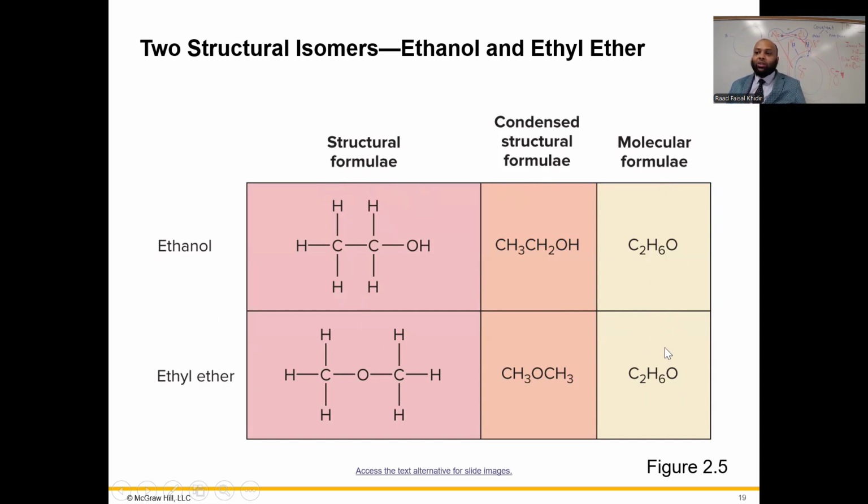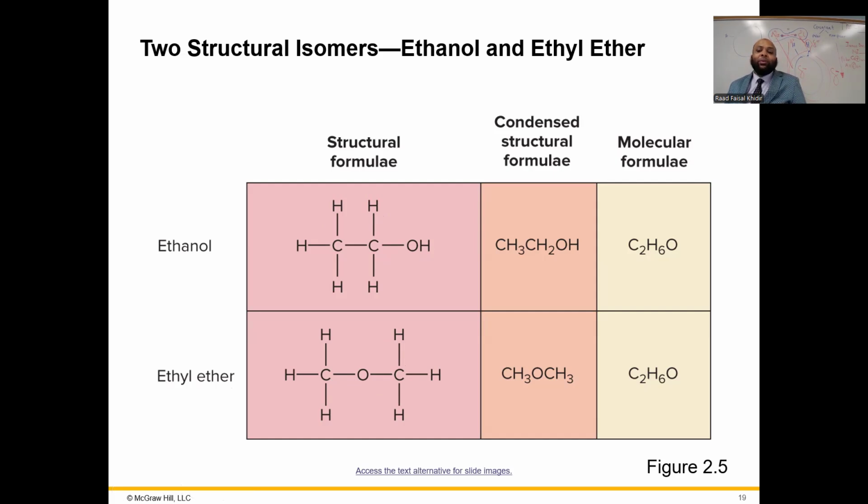Both have how many oxygens? But even though they have the same, they are structured differently. So in ethanol, you have the oxygen with the hydrogen, but in the ethyl ether, you have the oxygen in the middle. So the structural formula is where exactly is each element located.